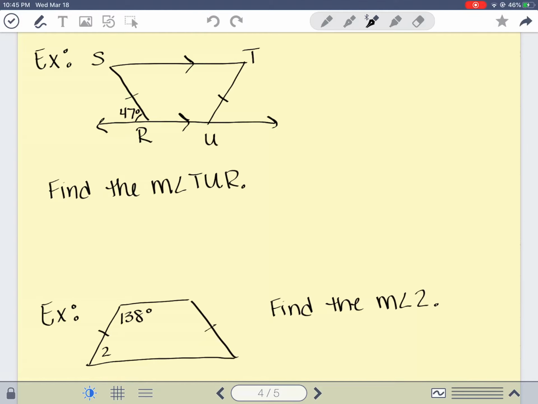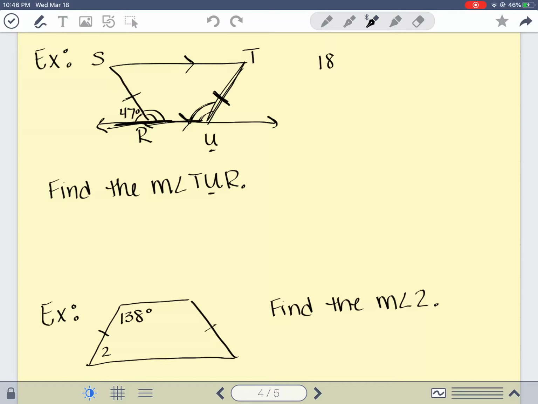Next example, we have our exterior angle right here is 47 degrees. Find the measure of angle TUR. So angle TUR is right here. Remember, that middle one is our vertex. Now, again, this is an isosceles trapezoid, so these two angles right here are going to be congruent. And since this forms a line right here, we know that that is a linear pair.